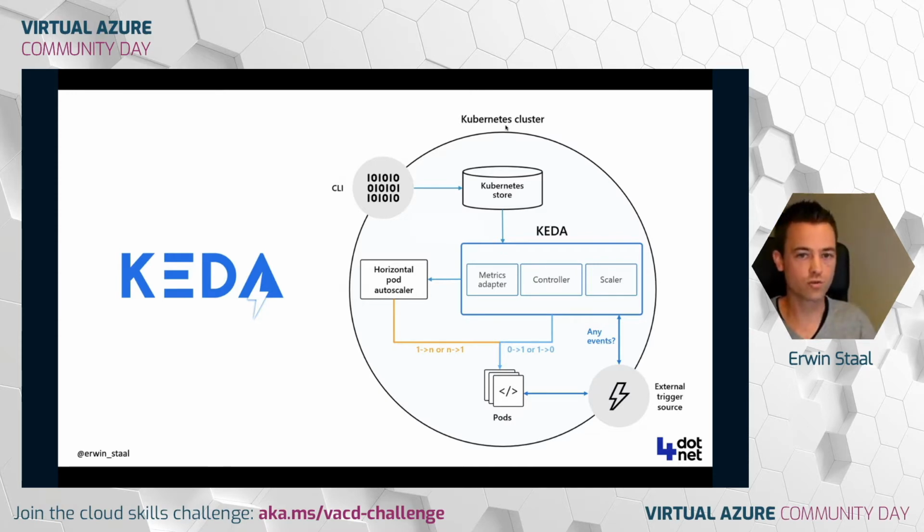The main thing that a controller does is scale down to 0, or make sure that if we want to scale up from 0, that happens as well. So that's a nice additional benefit of KEDA. We can actually scale to 0, and that is something that we cannot do by default in Kubernetes. But other than that, KEDA really tries to use whatever is available in Kubernetes already instead of doing that itself.